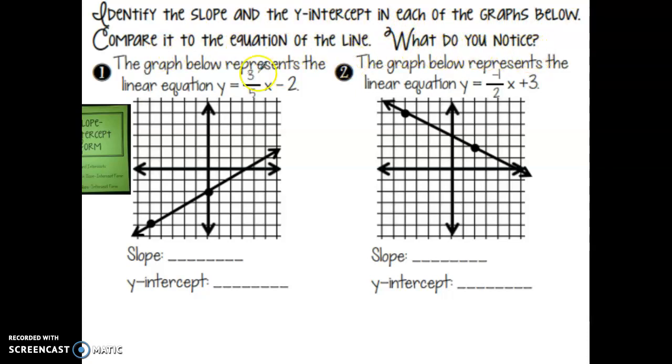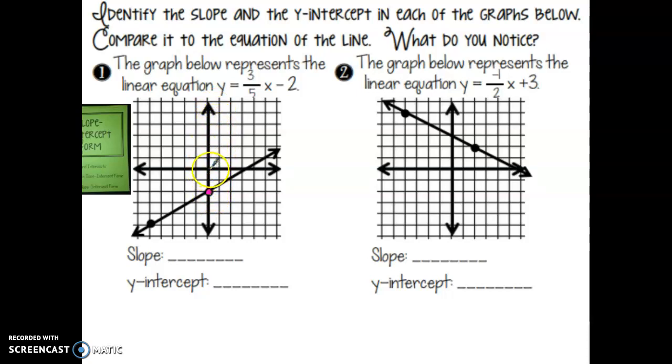What do you notice? The graph below represents the linear equation y is equal to 3/5 x minus 2. So if we look at this graph, we have a point right over here that's on the y-axis. Again, remember, that's called our y-intercept, right? And where does it actually fall on the y-axis?